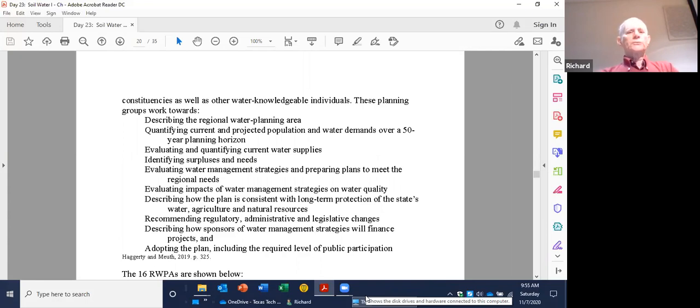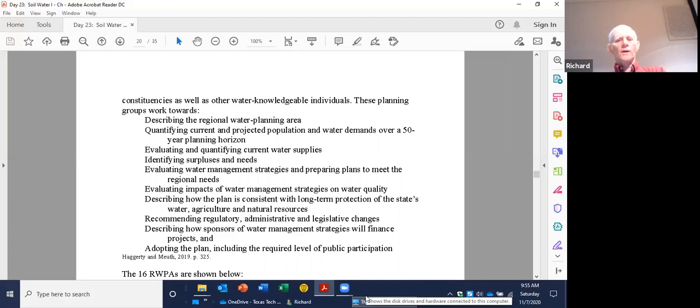These planning groups work towards describing the regional water planning area. Please understand, at this time, they looked at groundwater, they looked at surface water, they looked at precipitation. They looked at who uses water and how much.